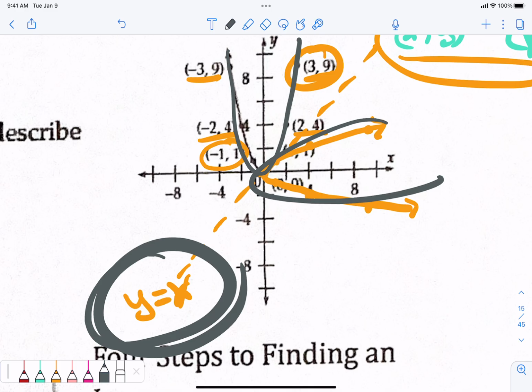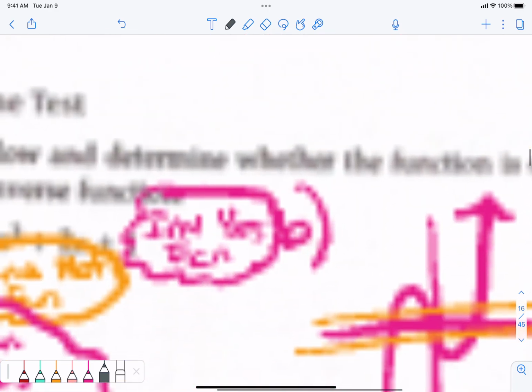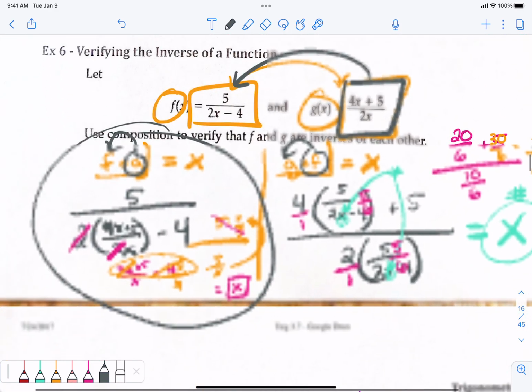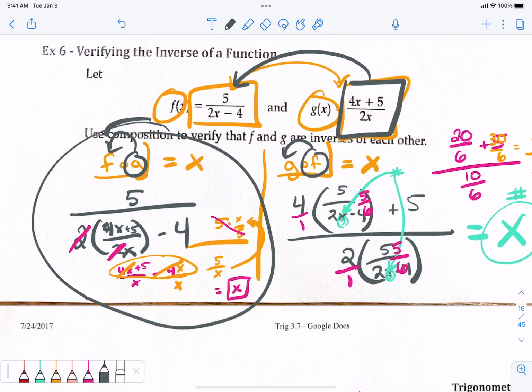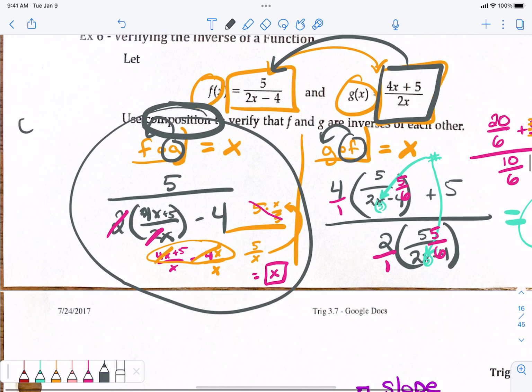So that was when they say, on your homework assignment, verify using composition. Composition means stick them inside of one another and see if it comes out to be x. Composition is like f composed of g or g composed of f. They want to see if it comes out to be x each time, yeah?